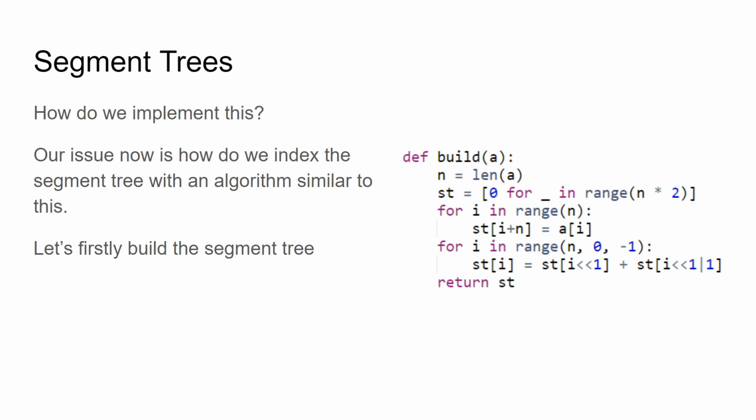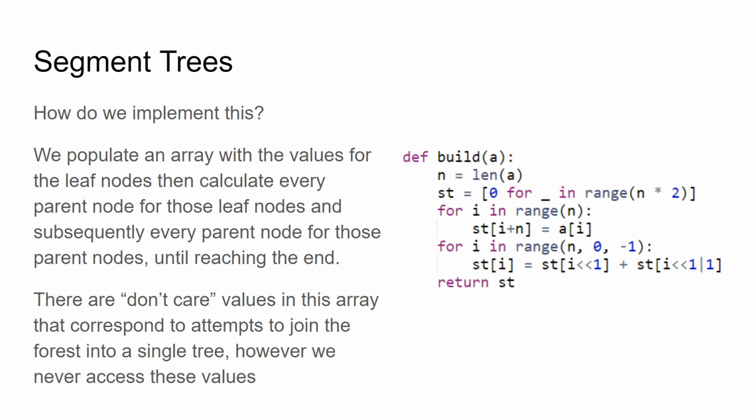So this will leave us with some don't-care values, but as long as our algorithms are always accessing legal ranges, we'll never run into these don't-care values. So that's essentially what this is saying.